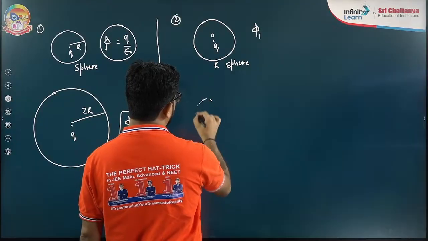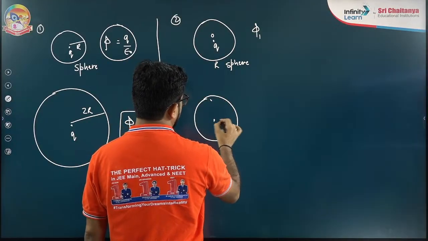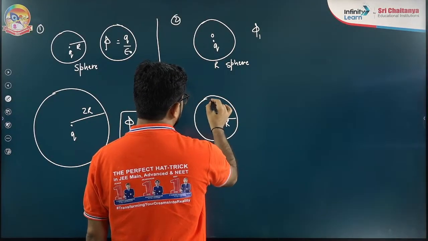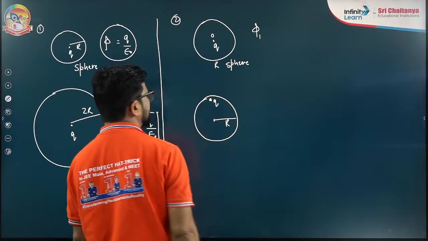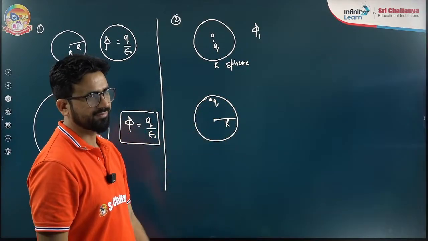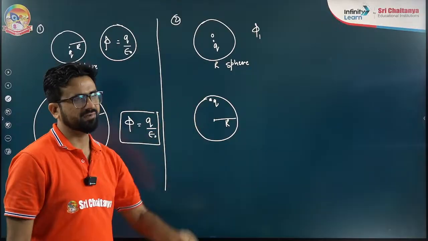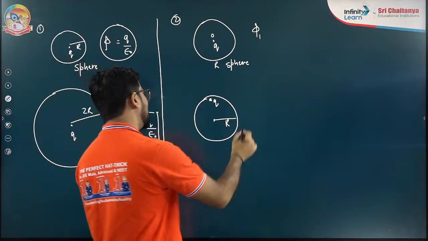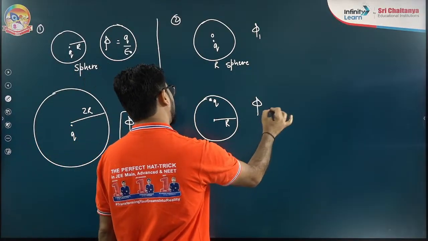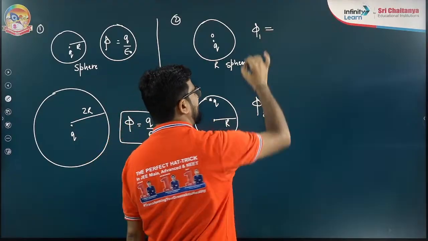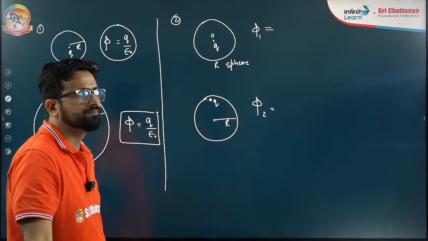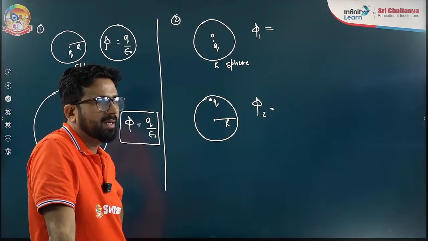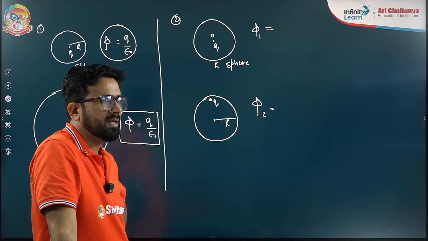Second thing is, suppose it's the same sphere. Its radius is R, but the charge Q is placed here, just nearby the surface. Now the question is to find the flux 2. What is flux 2? What is flux 1? Can we solve? Gayatri, King, please tell me the answer.